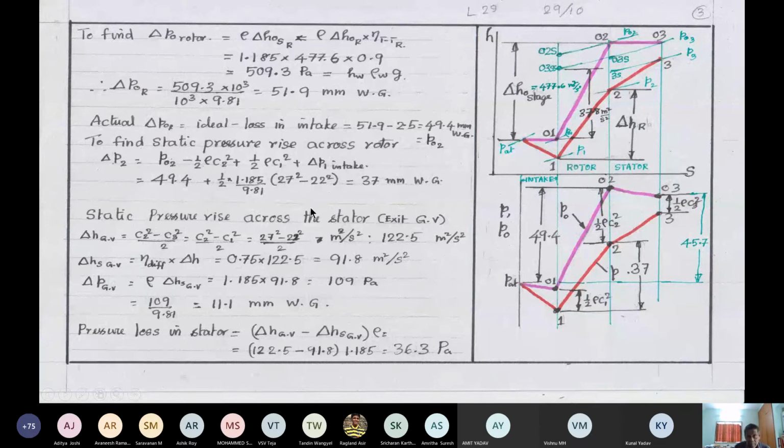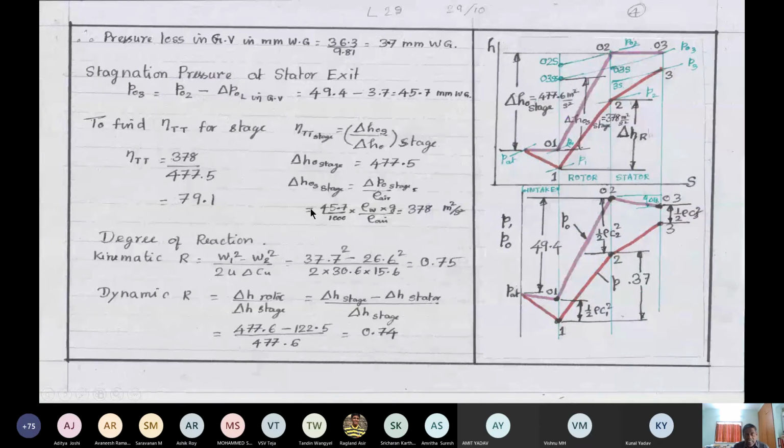Okay, now then pressure loss in guide vanes from pascals, you can convert to millimeters of water gauge. You divide that by 9.81. So you get about 3.7 millimeters of water gauge. So that is the loss.